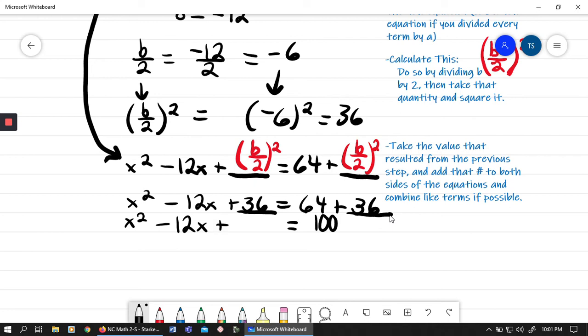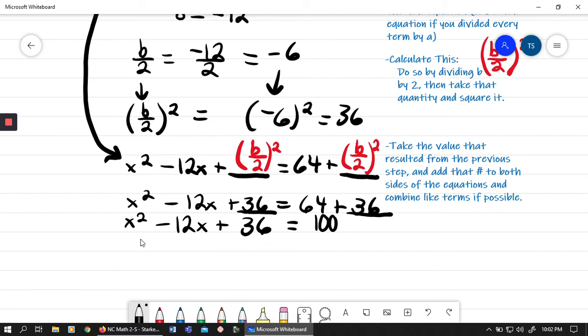After we have done that, what we should do is rewrite this perfect square trinomial. The whole reason why we added this b divided by 2 squared to both sides of the equation was so that we could get a perfect square trinomial expression written.